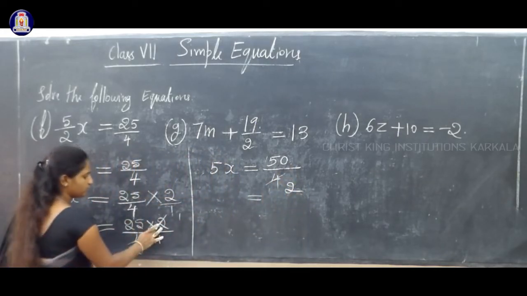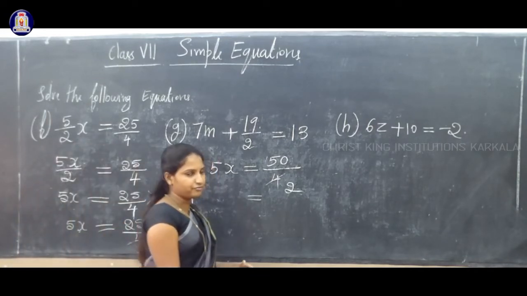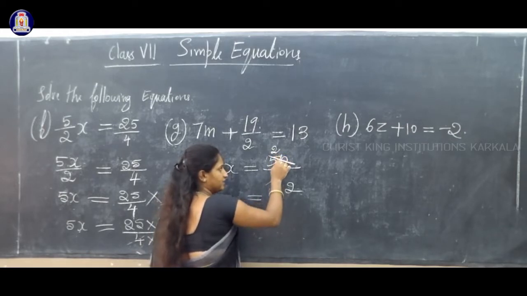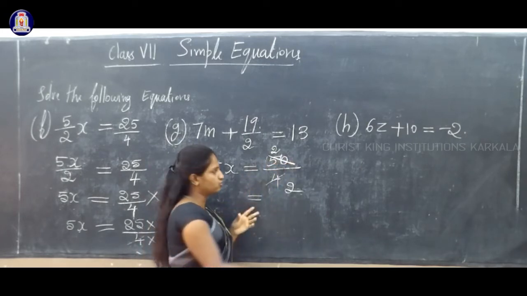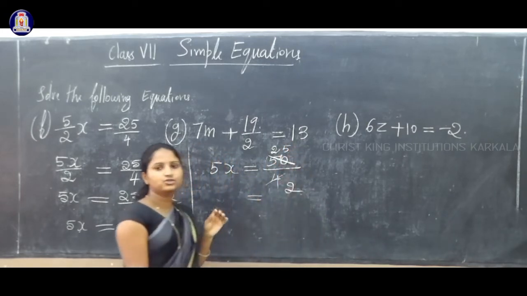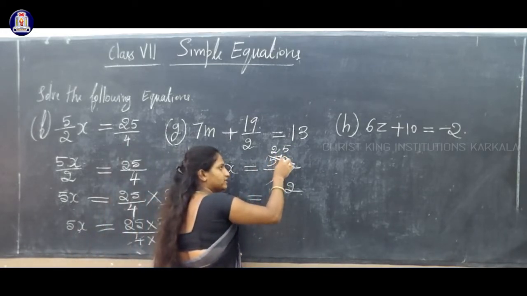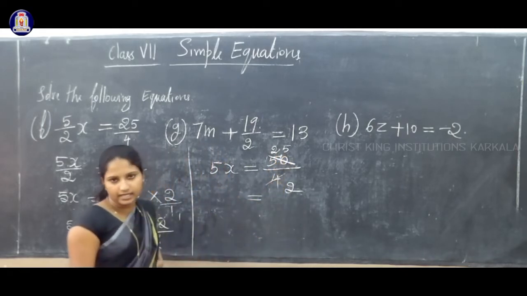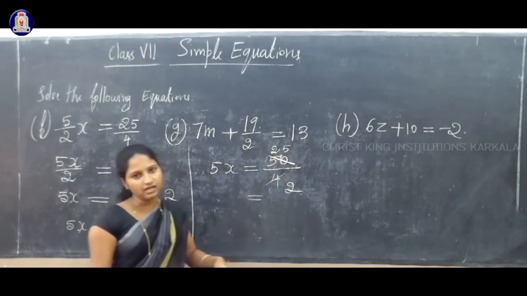Next, 2 how much are 50? 2 2s are 4 and 1 remaining, so it becomes 10. 2 how much are 10? 2 5s are 10. So 2 2s are 4 and 2 how much are 50? 2 25s are 50. Clear?